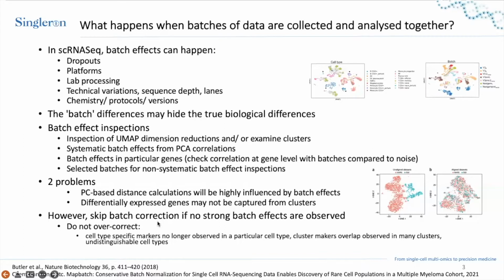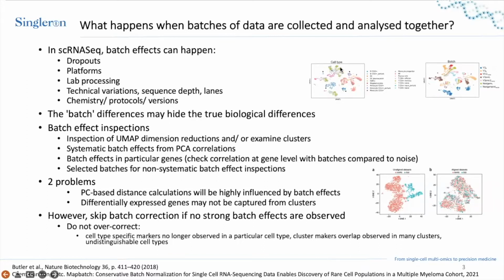Regardless of this, sometimes batch correction is not 100% necessary. Sometimes we do skip batch correction if no strong batch effects are observed. For example, if the UMAP returned from the initial analysis shows all of the green colored cells already co-located at the same location.